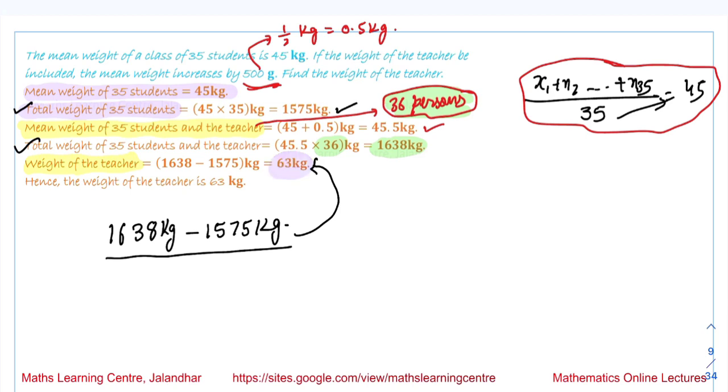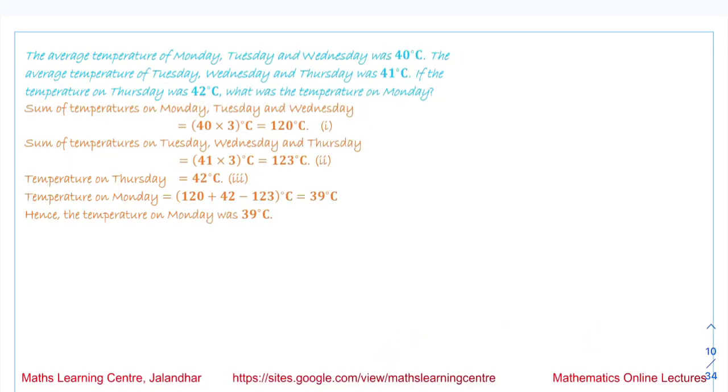Now the next question we have: the average temperature of Monday, Tuesday and Wednesday was 40 degrees Celsius. The average temperature of Tuesday, Wednesday, Thursday was 41 degrees Celsius. If the temperature on Thursday was 42 degrees Celsius, what was the temperature on Monday? This thing we have to calculate.